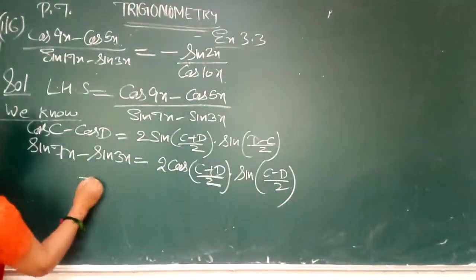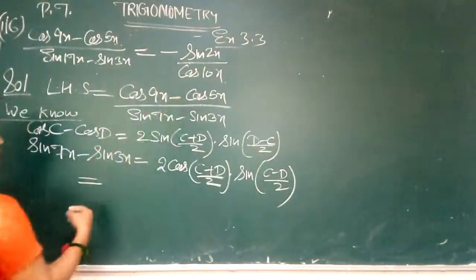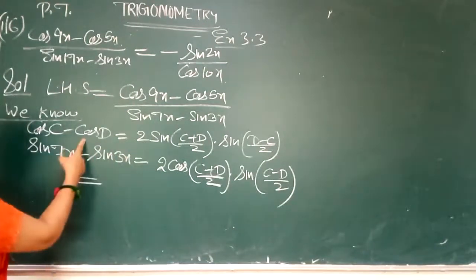After that, put the values here: cos 9x minus cos 5x. So which formula will we apply here? This one.